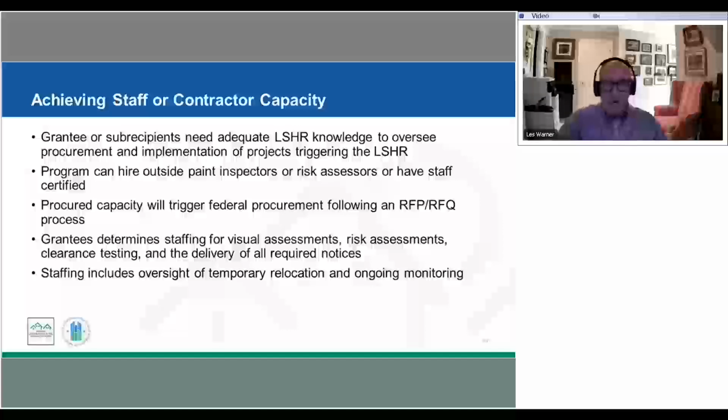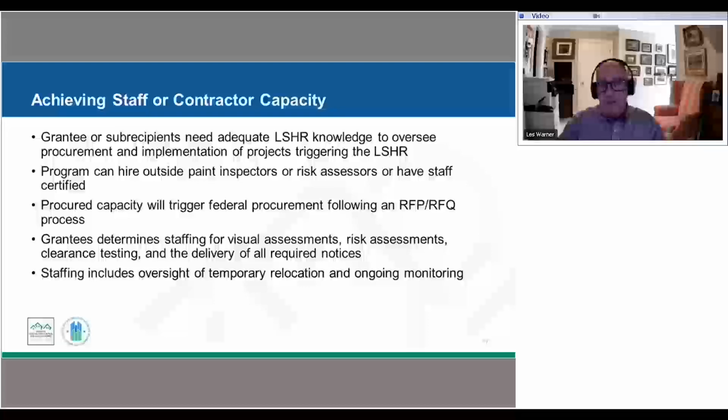So, ways to achieve that capacity: assessing what your lead safe housing rule knowledge is, based on the roles that you as the grantee or subrecipients might be implementing, making sure that all of those individuals have that appropriate level of knowledge, or that you have a plan in place to get them up to speed.